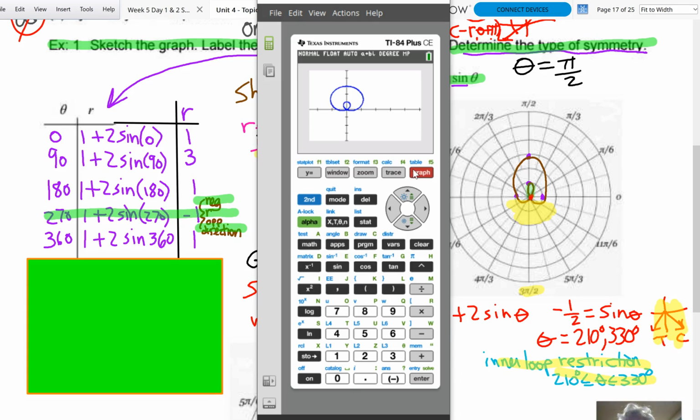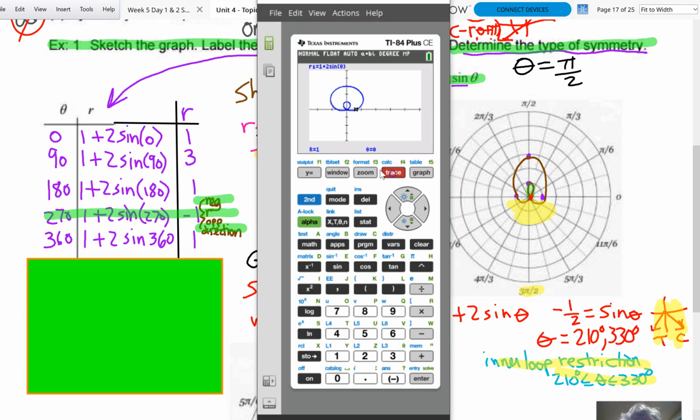So the inner loop happens before I get to 360 degrees. And now, just like solving algebraically, I want to figure out, using my trace button, what the restrictions are for theta to form that inner loop.